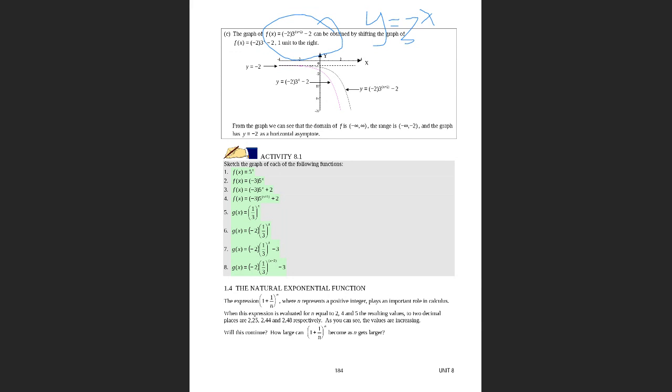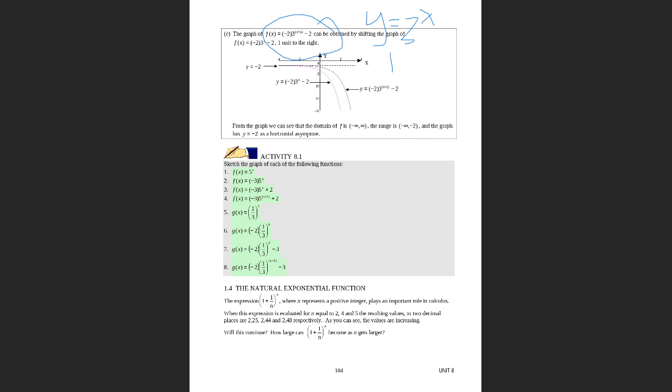First, if you multiply by 2, it stretches. Then if you negate it, it reflects on the x-axis. Then minus 1 simply means it shifts to the right by 1 unit. Then minus 2 simply means it goes down by 2 units.